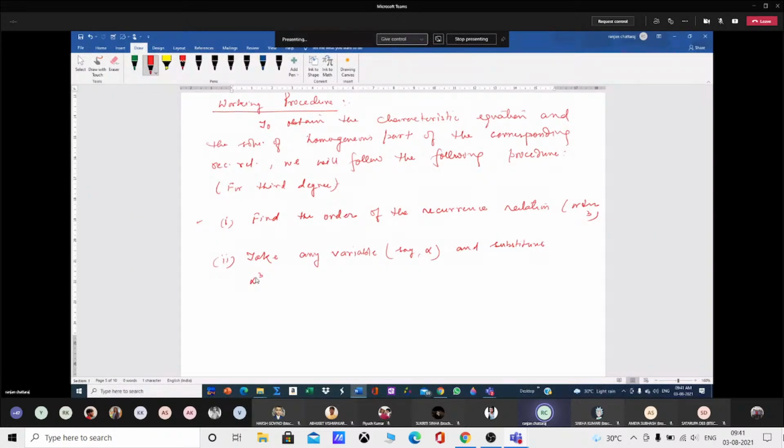If it is the fourth degree, we'll start from alpha to the power 4. Alpha for A_r, A_{r-1} and A_{r-2} respectively, in the characteristic equation.